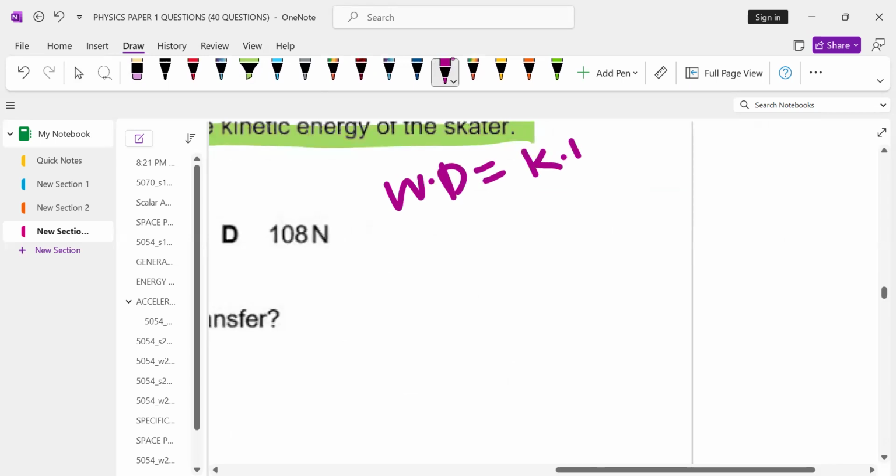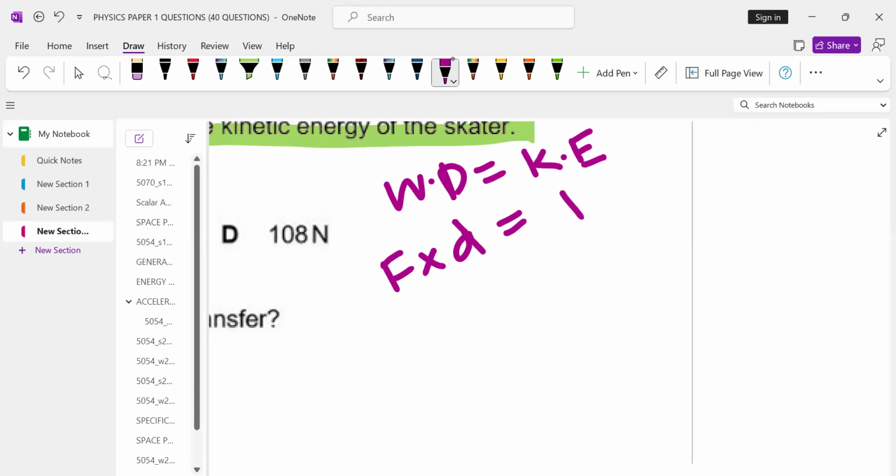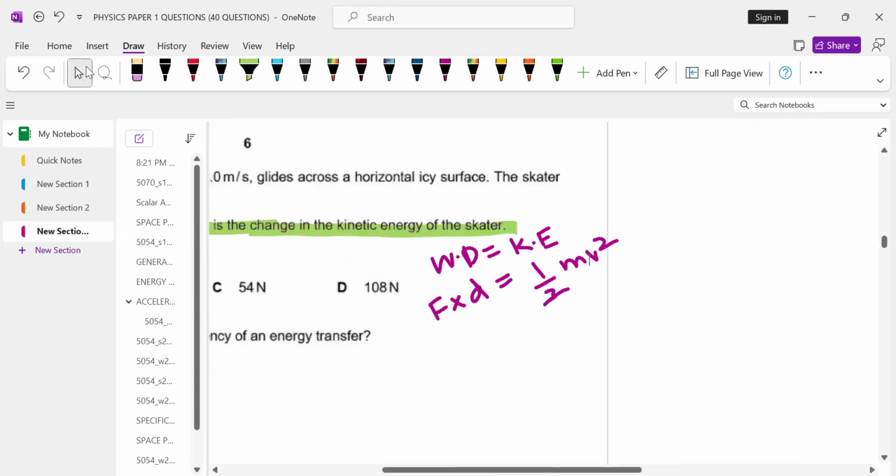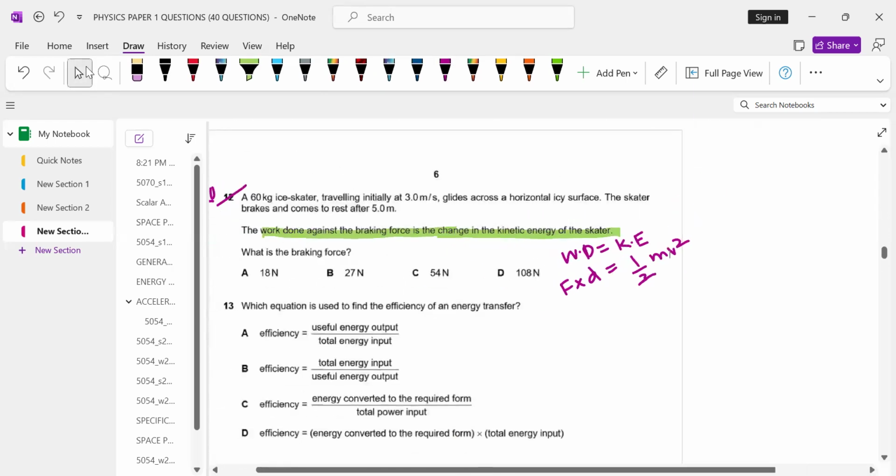equals kinetic energy. So the formula of work done is F into D, distance, equals 1 upon 2 mv squared, the formula of kinetic energy. Let's put the values now. The initial velocity is 3, mass is 60.